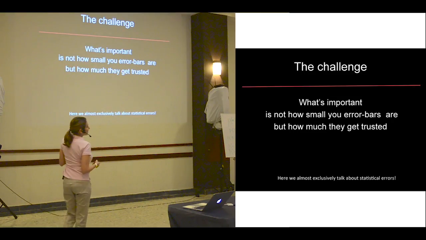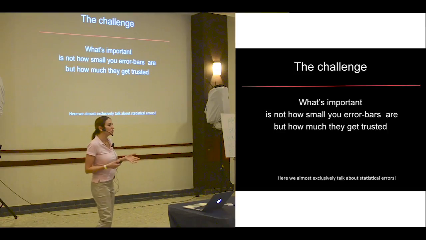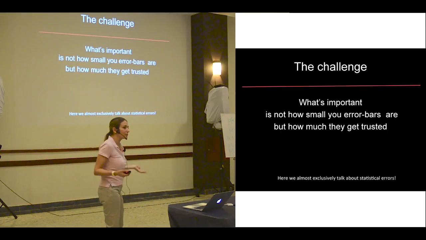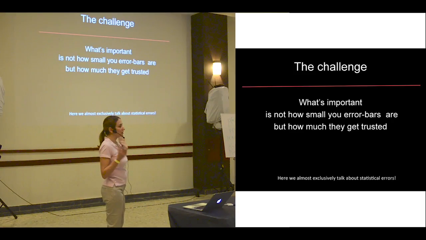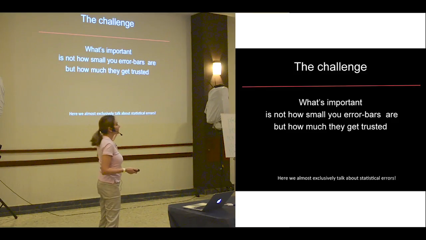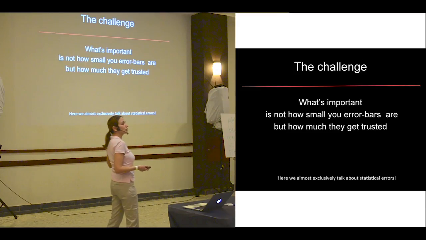So in the error bars there should be the statistical error, but also other types of error that are not statistical, called systematic errors. What we are going to be talking about in these lectures is exclusively statistical error, but keep in mind that reporting the statistical error may not be the full story.